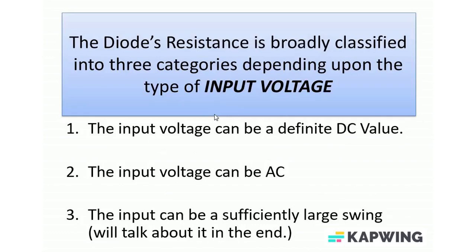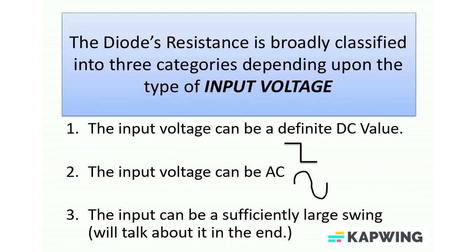Now, this diode resistance basically depends on the type of input voltage which is available to the device. For example, in case 1, we have a definite DC value. We know that DC voltage is fixed. It won't change with time. So this case 1 is the basic one, when we can easily calculate the diode's resistance. Case 2 would be the alternating voltage value, when the input voltage would be an AC one.